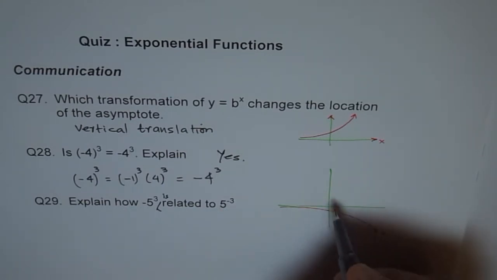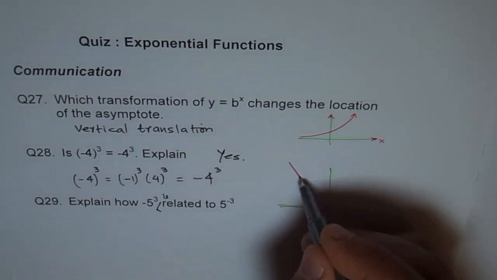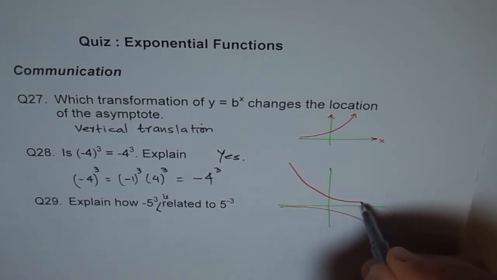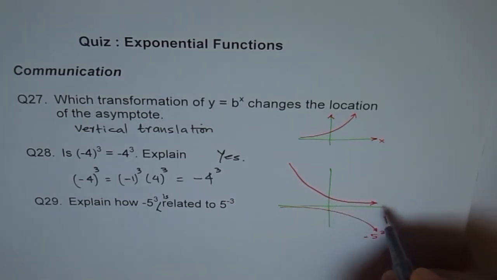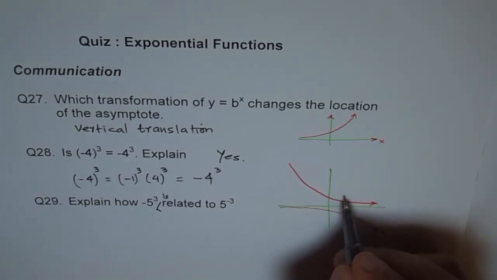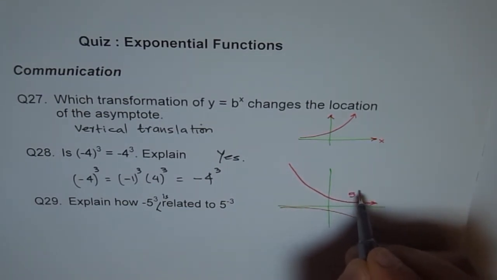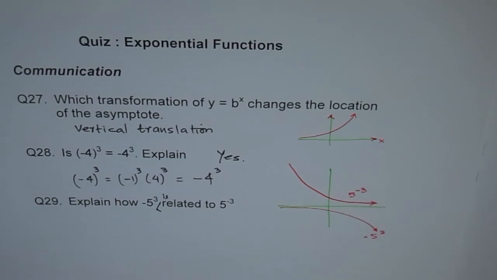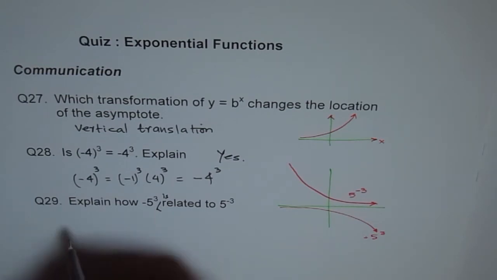Which will be a decaying function. So it will be a function like this, correct? So this function is going to be 5 to the power of minus 3, correct? Once you draw these two functions, then it becomes easier for us to write down how they are related.